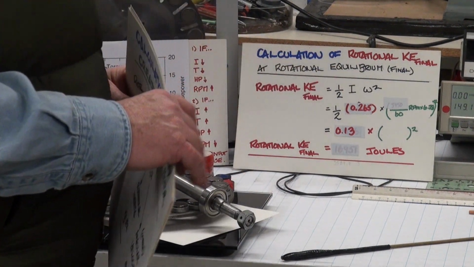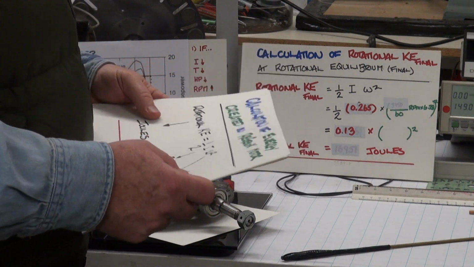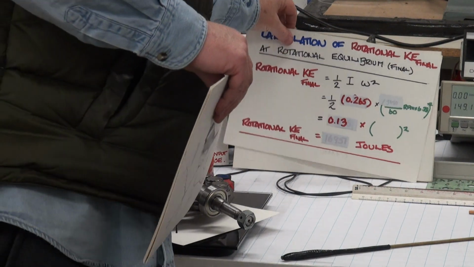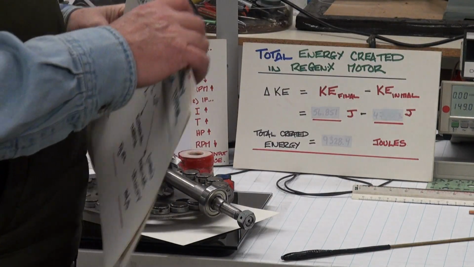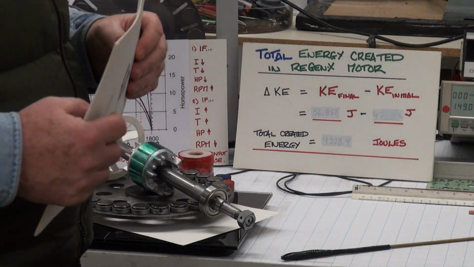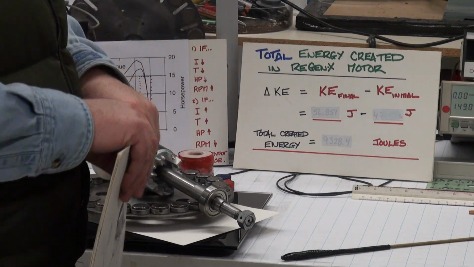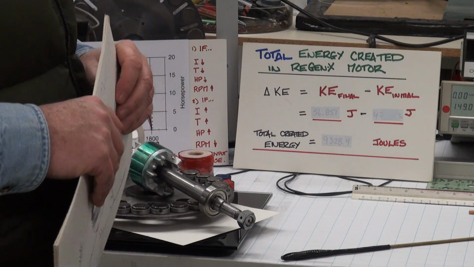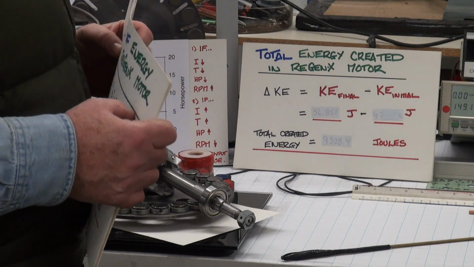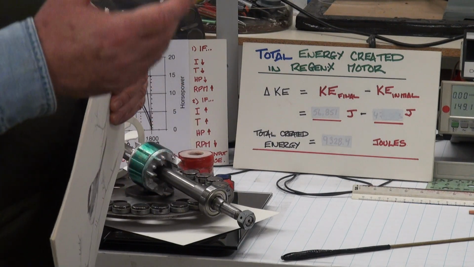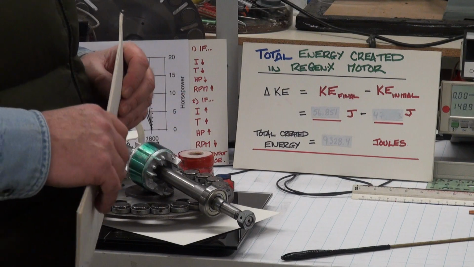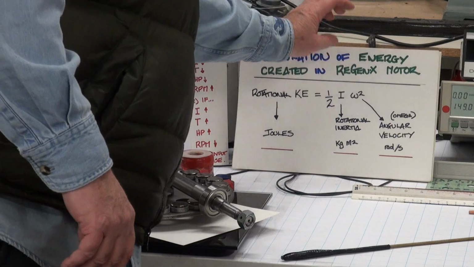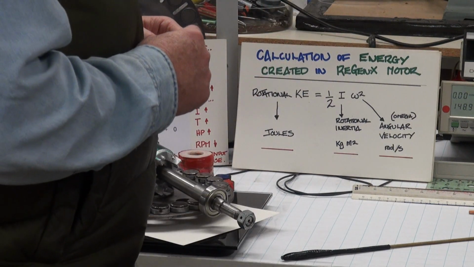We'll figure out the kinetic energy at our higher level, and then we will calculate the total amount of energy created by the total amount of electromagnetic field energy that's created by the ReGen-X motor, which performs the positive work accelerating the system. So we'll fire up the system and we will see what happens.